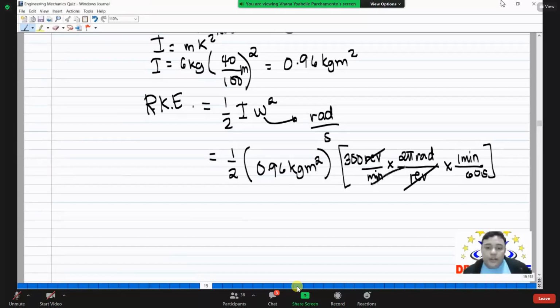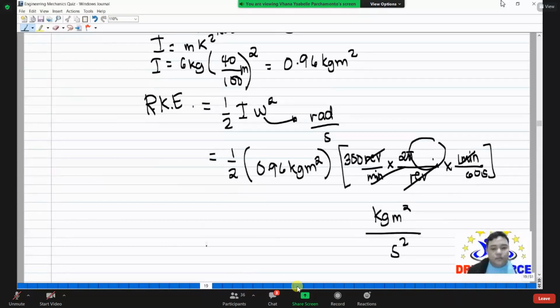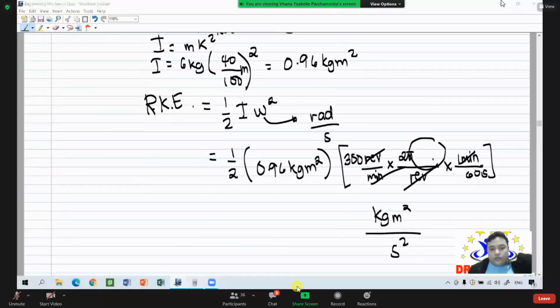And yung radians natin is considered as unitless. Miski wag mo nang ilagay ito. Unitless rin yan. Okay, so magiging per square seconds. Try lang natin yung unit. Analyze natin.